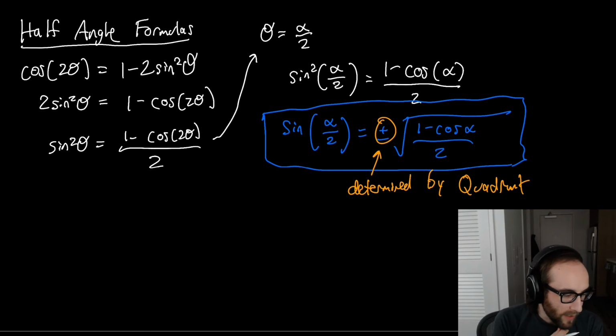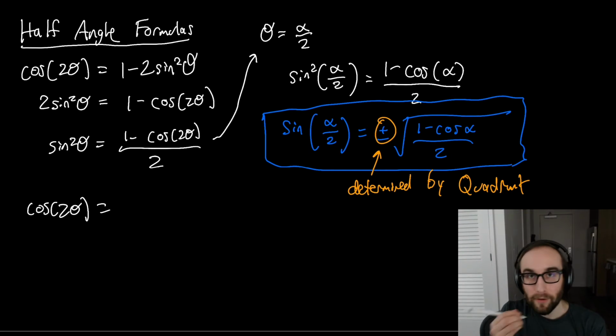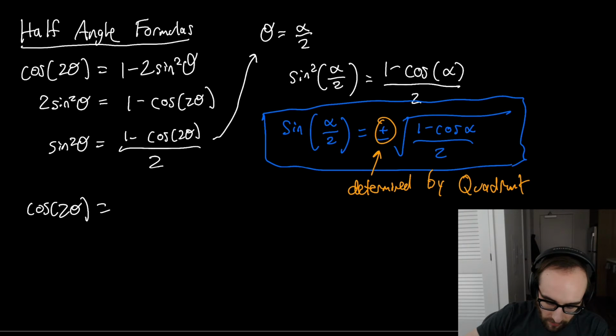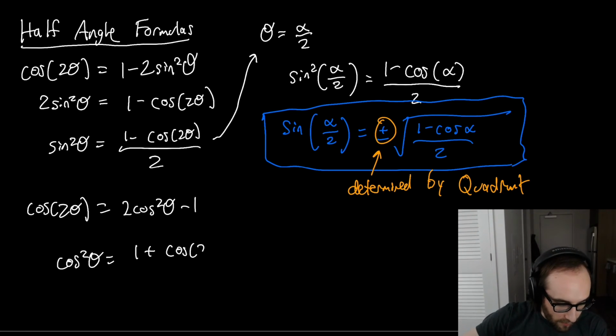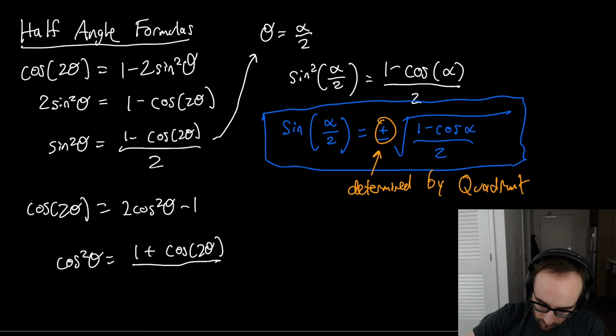Okay, next we're going to take a look at cosine, which is really similar. We'll start off with one of our alternate forms that we saw on the right. Cosine of 2 theta equals 2 cosine squared theta minus 1. If we move some stuff around, we end up with cosine squared theta is equal to 1 plus cosine 2 theta, all over 2.